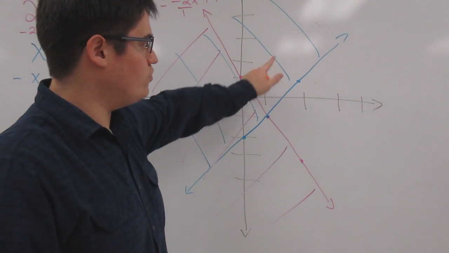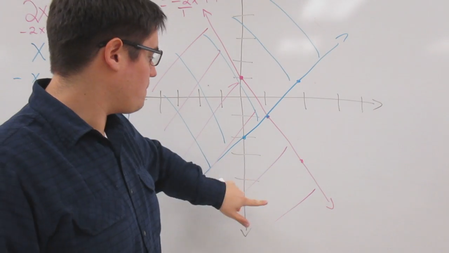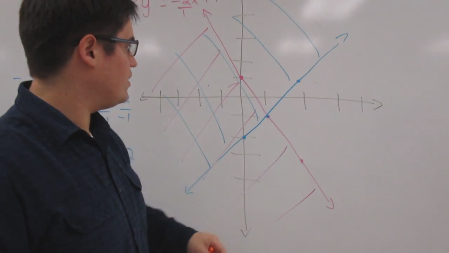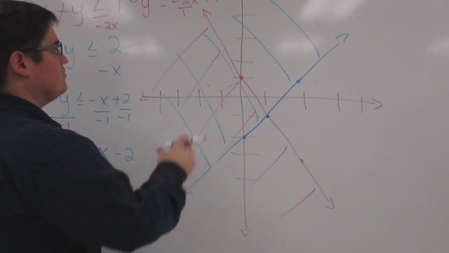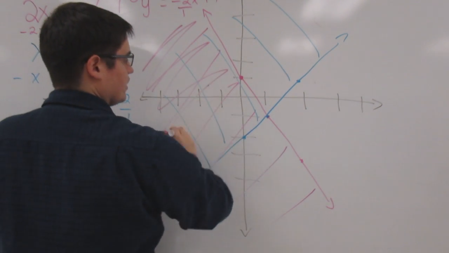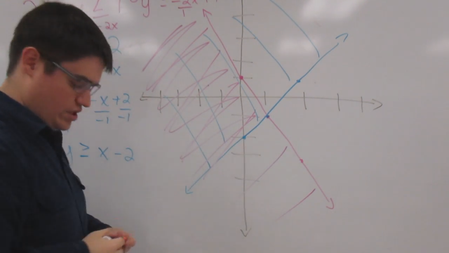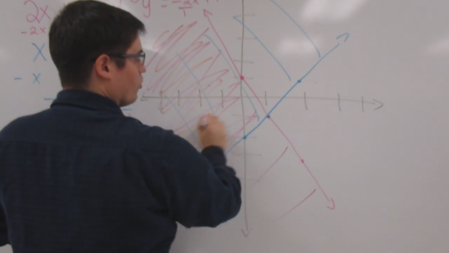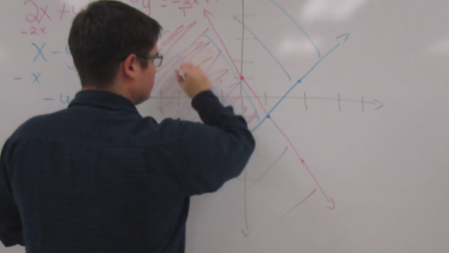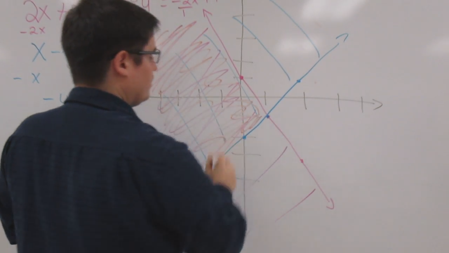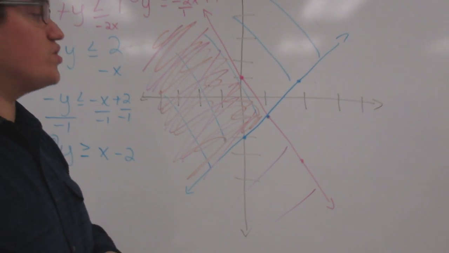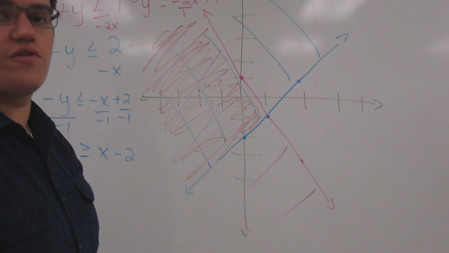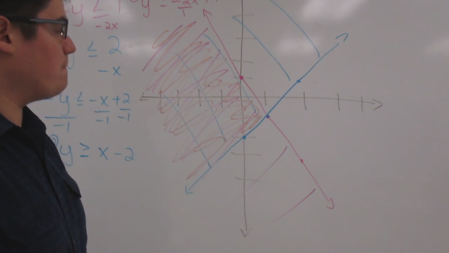This is just blue. There's nothing here. This is just pink. But this whole area here, the orange and purple, that's my answer. That's my solution set. That's where the two shadings overlap. That's what we're worried about.